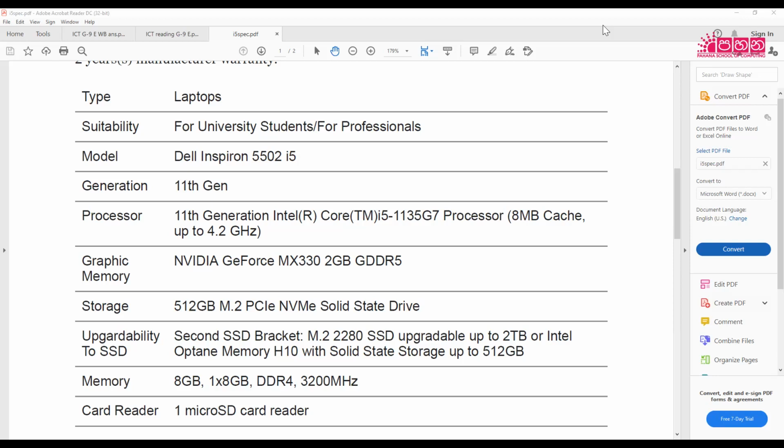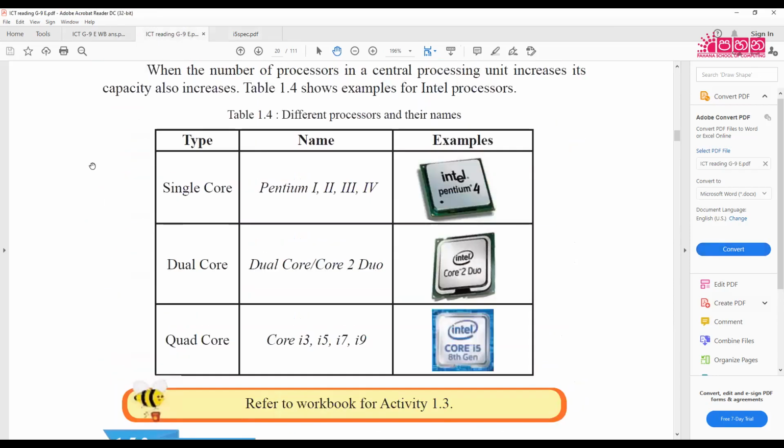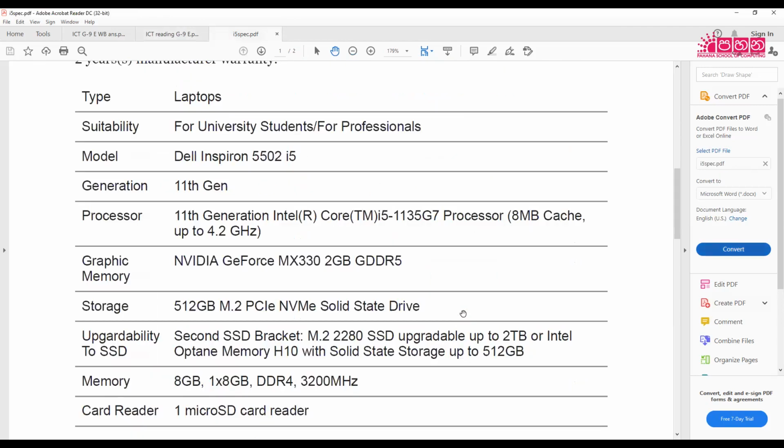If you refer to the table, remember the table? Yes, it's a quad core one, meaning you have 4 cores. Third one, what is the speed of the computer?